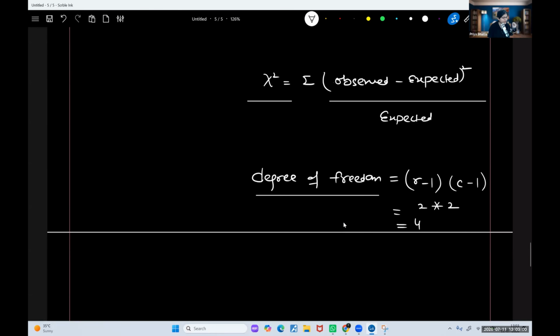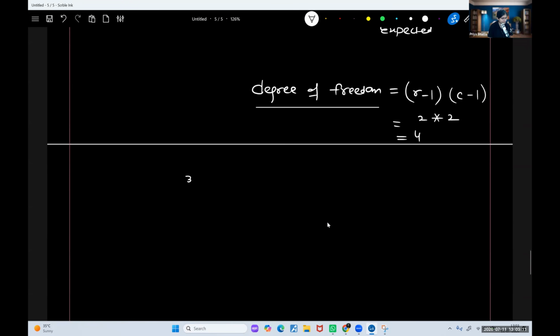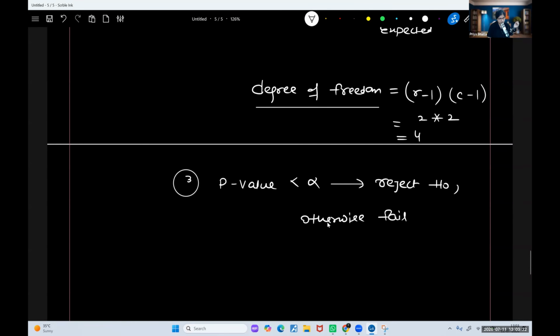So you will evaluate. Now you can evaluate the p value maybe, or you can evaluate the critical value. If you are evaluating a p value, then you can just go ahead and compare this p value with alpha. If it is smaller than alpha, you can simply go ahead and reject the null hypothesis. Otherwise, you will fail to reject the null hypothesis.